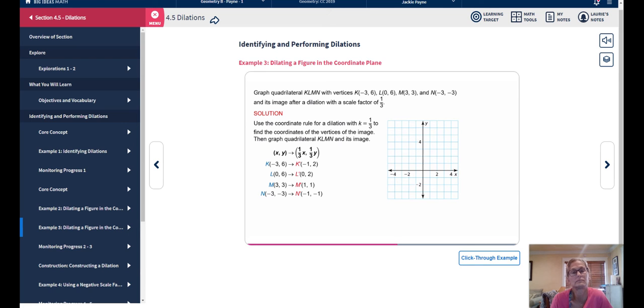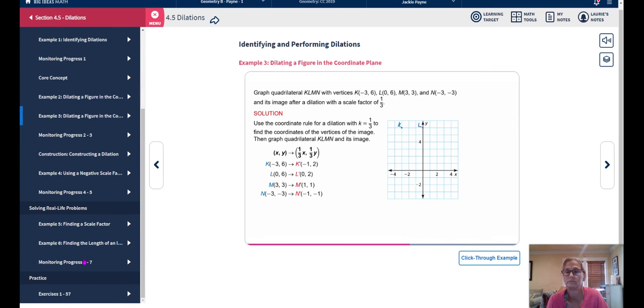Graph quadrilateral KLMN with vertices K (-3, 6), L (0, 6), M (3, 3), and N (-3, -3). Use line segments to connect the vertices to form quadrilateral KLMN. Next, graph quadrilateral K prime, L prime, M prime, N prime with vertices K prime (-1, 2), L prime (0, 2), M prime (1, 1), and N prime (-1, -1). Use line segments to connect the vertices to form quadrilateral K prime, L prime, M prime, N prime.